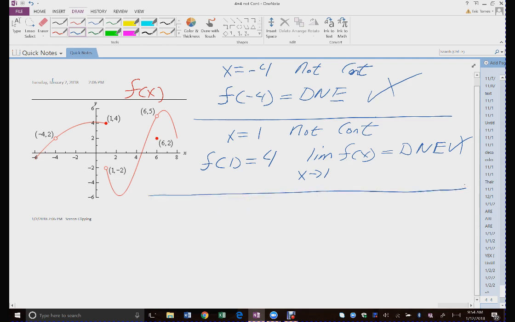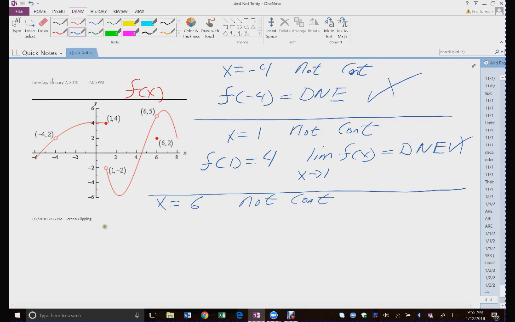Third case scenario. Let's take a look at x equals 6. I look at the graph and I can say, it's clearly not continuous by looking at the graph. However, that's not enough justification. So I'll go through the process again.